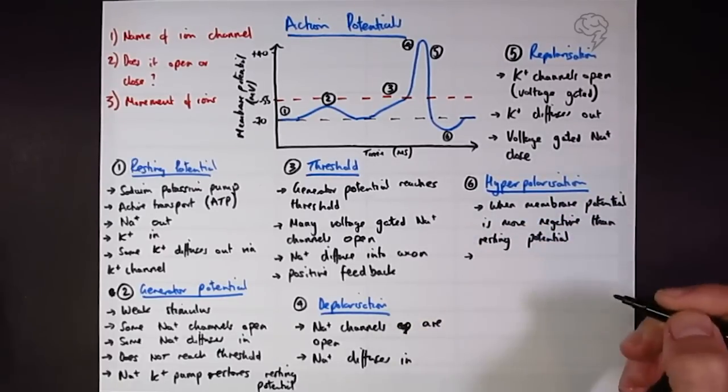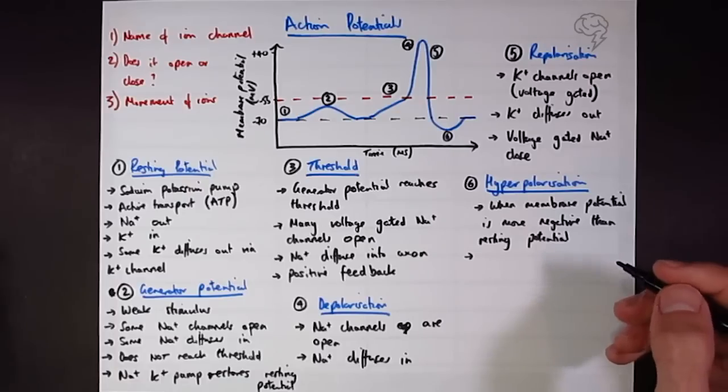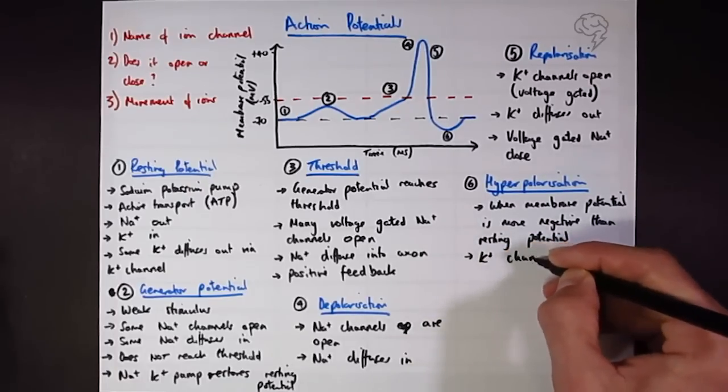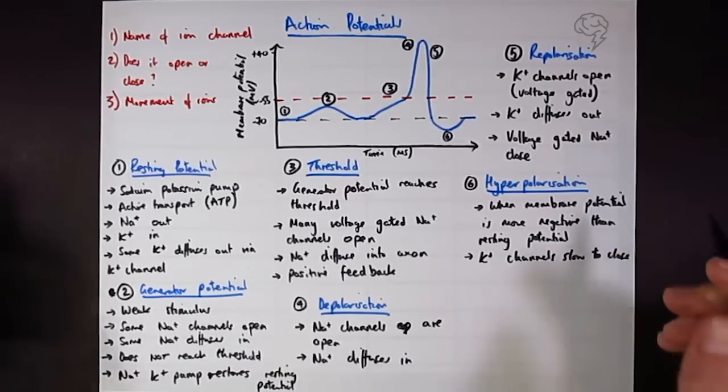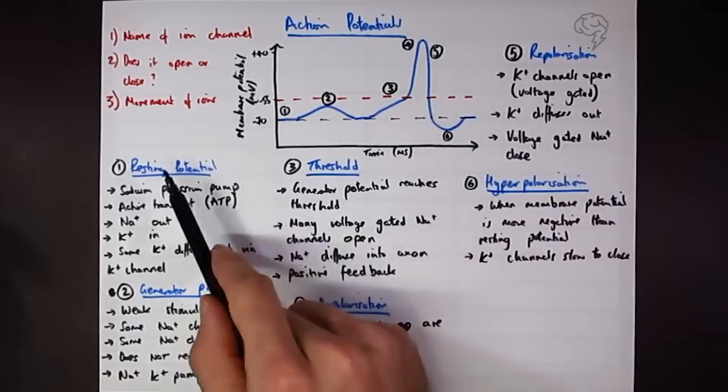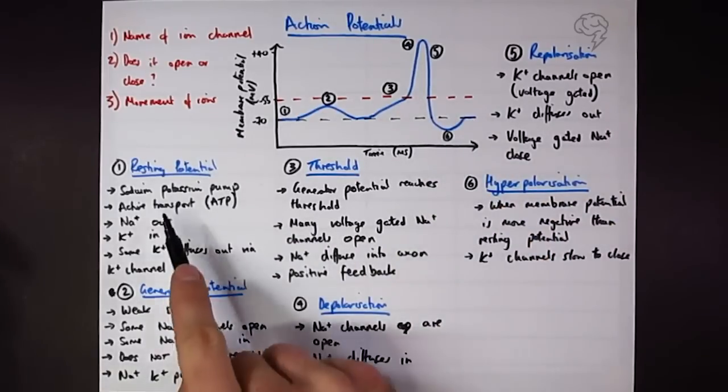And why does it happen? Well, we can say that the potassium ion channels are slow to close, so there's a bit of an overshoot. And then we go back to resting potential, which is obviously explained over here.